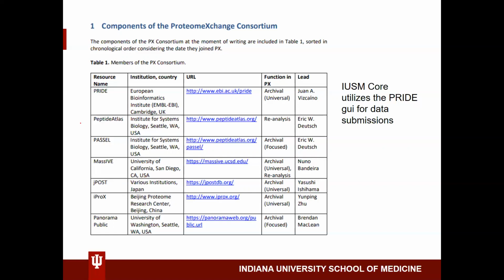And so if you do have some specific project, you might want to look into Massive or Passel. But we use Pride, which has a relatively easy to use GUI for data submission. And this Pride uploader will allow you to make a complete project submission for Proteome Exchange.